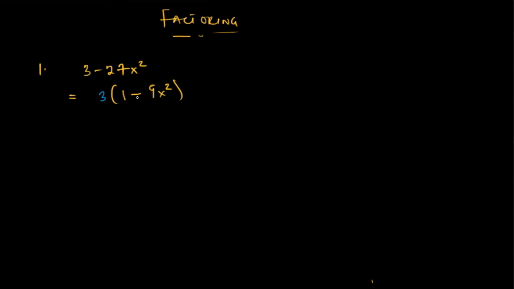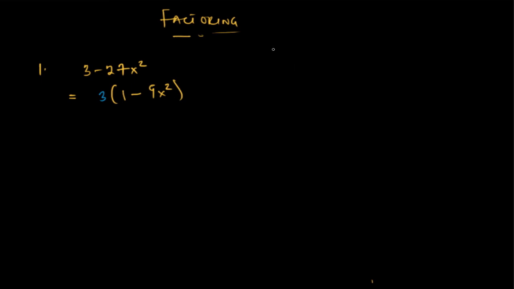Now what you observe here is you have a negative sign. Many a time, whenever you have a negative sign in a polynomial that contains two terms, you are most likely going to use the difference of two squares.